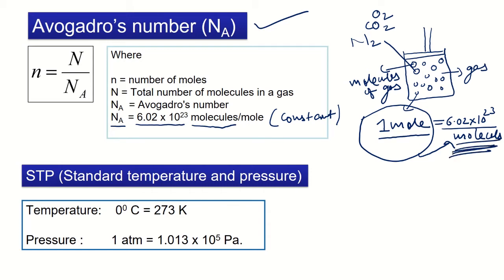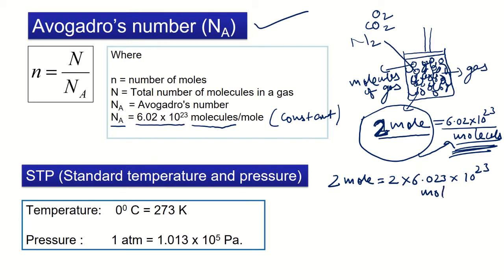Now if I say the amount of the gas is 2 moles, then the molecules will be more. If the amount of the gas is double, then the number of molecules will also be double, 2 times. So in 2 moles of gas, the number of molecules is 2 into 6.02 into 10 to the power 23.